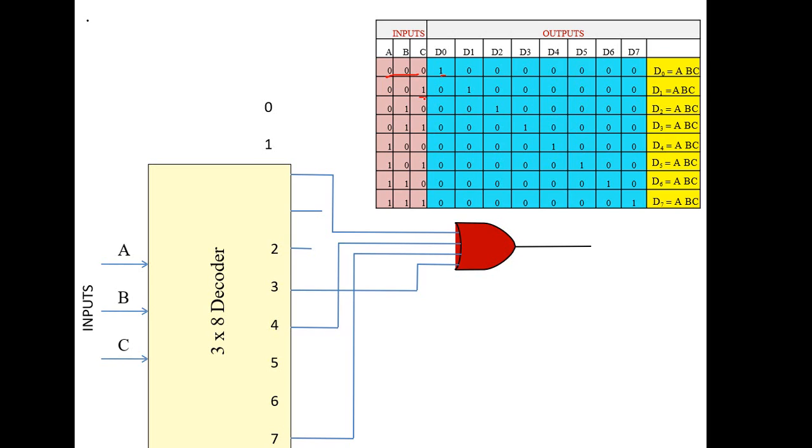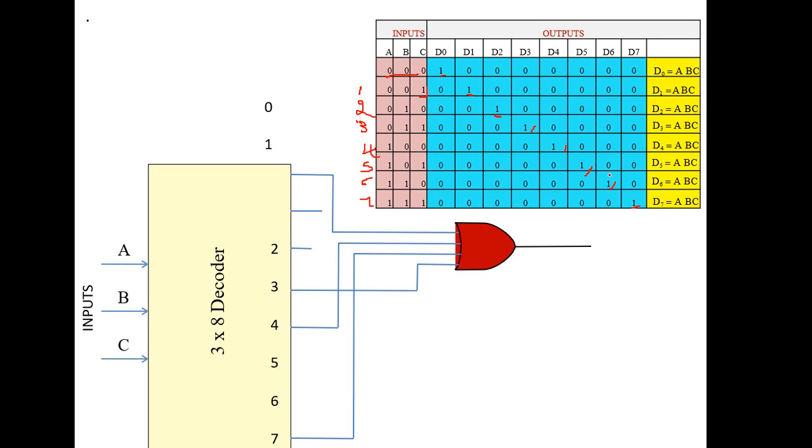When C is 1, that is 001, D1 is 1. When it is 2, D2 is 1, and for 3, D3 is 1. Similarly for 4, D4 is 1. For 5, D5 is 1, and for 6, D6 is 1. And for 7, D7 is 1.